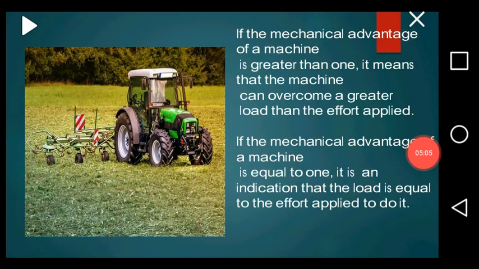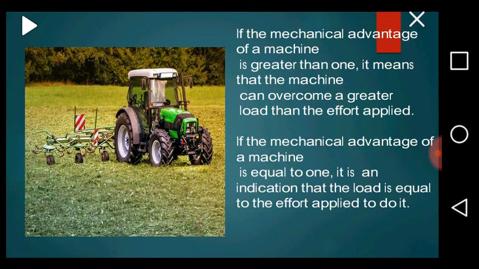But in practical sense, a perfect machine has 100% efficiency, which means that all the work done by the effort is used to overcome the load on the machine. For a perfect machine, the mechanical advantage must be equal to the velocity ratio.